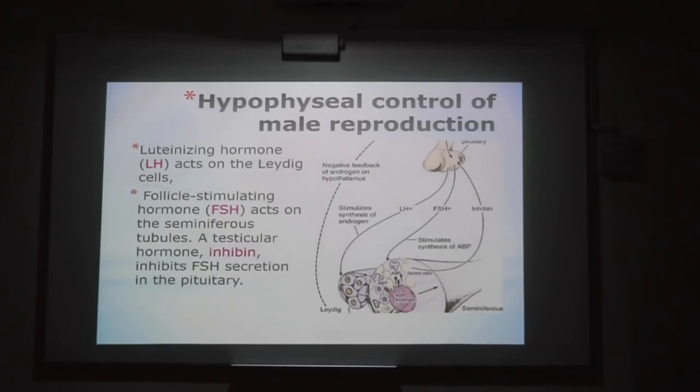Once the concentration of testosterone is high within the seminiferous tubule, the Sertoli cells also secrete inhibin, which actually inhibits the secretion of the FSH.